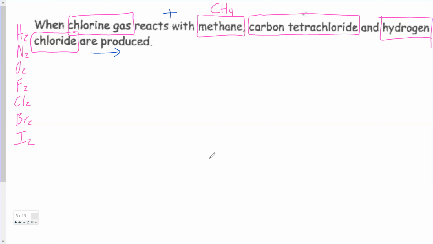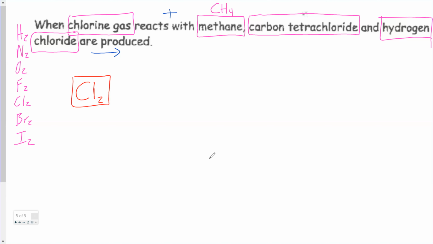Chlorine is a gas, so what should I write for chlorine? Cl2. Excellent. Don't forget your 2. That's the first thing that would have messed you up here. Okay. So Cl2, and that is the right formula.